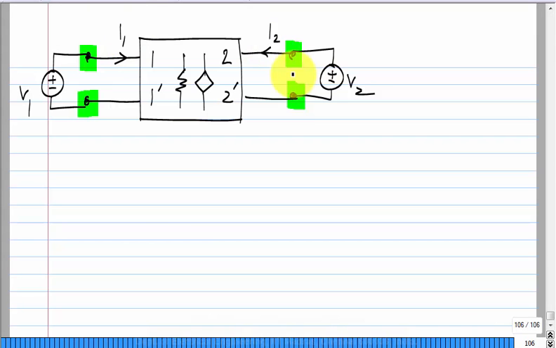That's all we did earlier also, right? We had one port, we connected a voltage source and measured the current. Now we have two ports, we connect two voltage sources and measure the two currents. And how many numbers will we need to describe this? 4. Why?